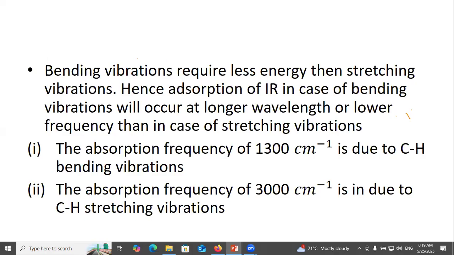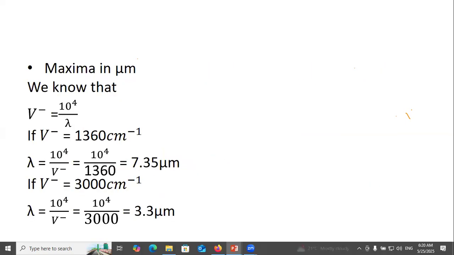Bending vibration requires less energy than stretching vibration, and absorption in the case of bending vibration will occur at longer wavelength or lower frequency than in the case of stretching vibration. The absorption frequency of 1360 per cm is due to carbon-hydrogen bending vibration. The absorption frequency of 3000 per cm is due to carbon-hydrogen stretching vibration.